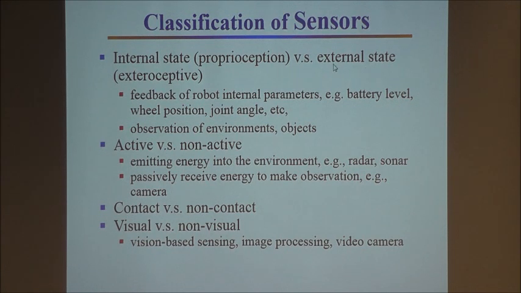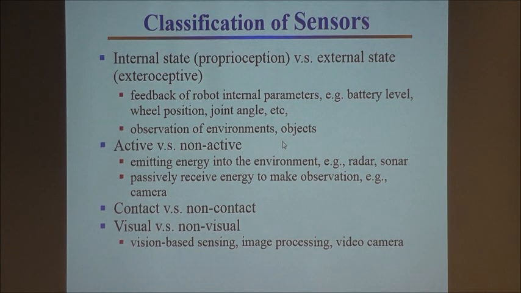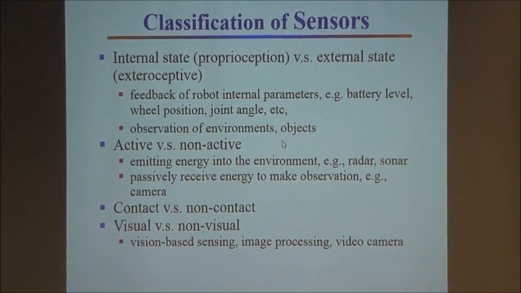Like before, some are external, some are internal. If you have, for example, feedback of robot internal parameters like battery level, wheel position, joint angle, those are internal ones. Observation of the environment objects using an external camera is an external sensor, which you use to gather information.